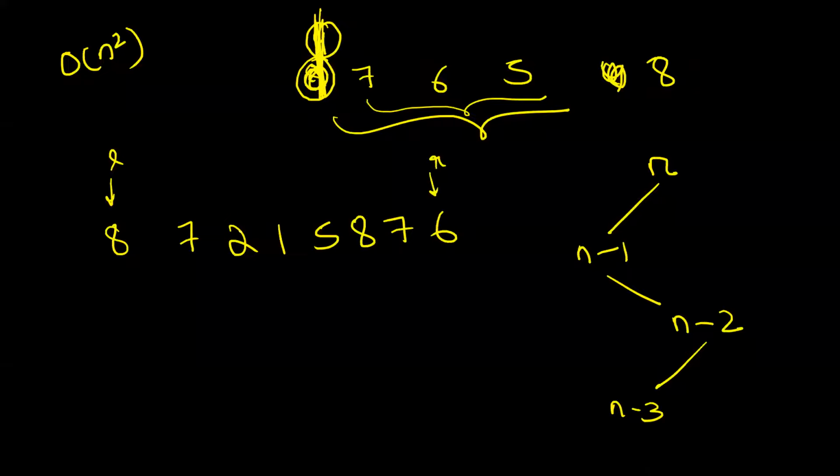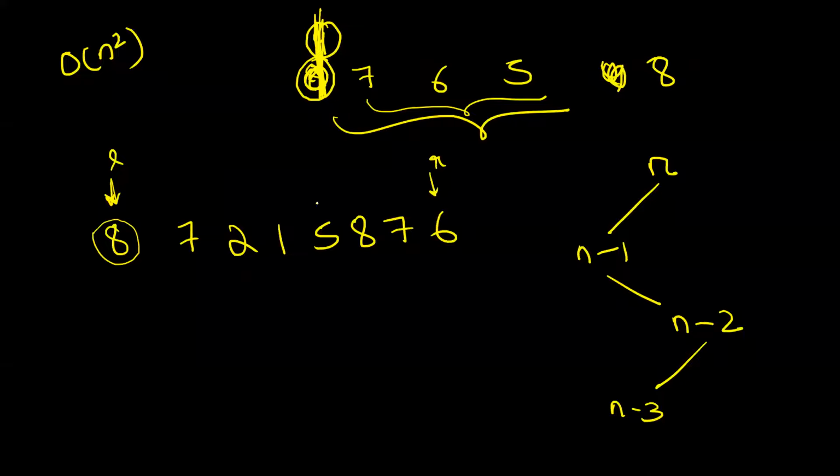We were always choosing ARR of L as the pivot, 8. But what is generally done in quicksort is you generate a random index. I know the array I have to sort is from index L till index R, so I will generate a random index between L and R.